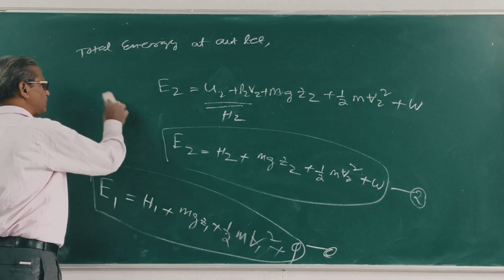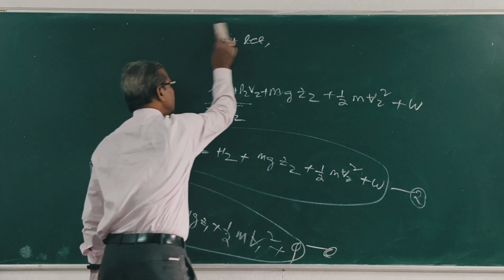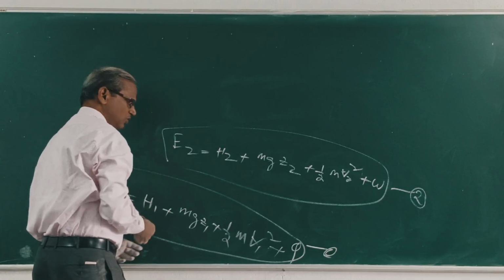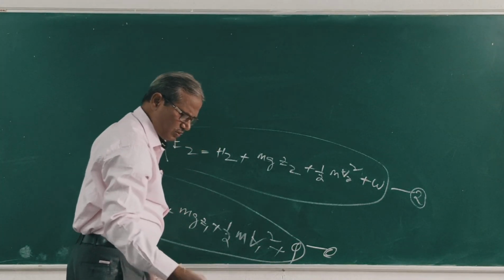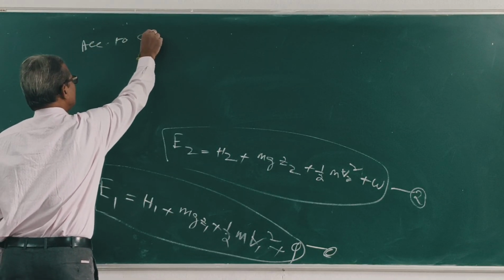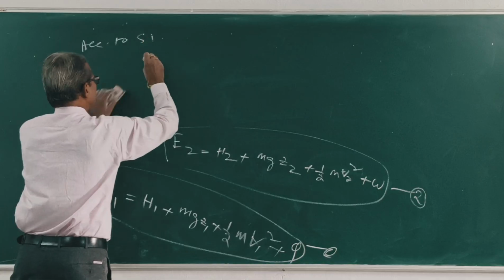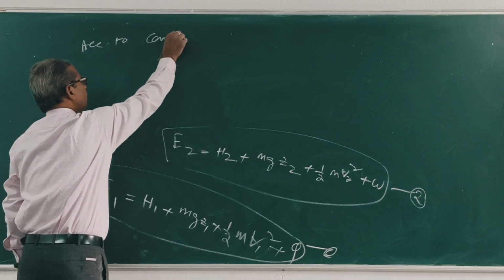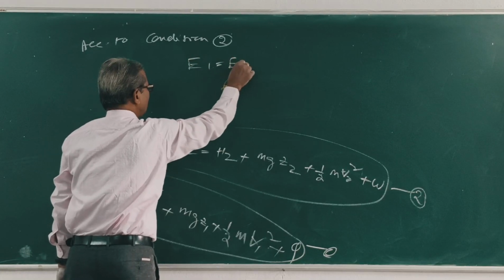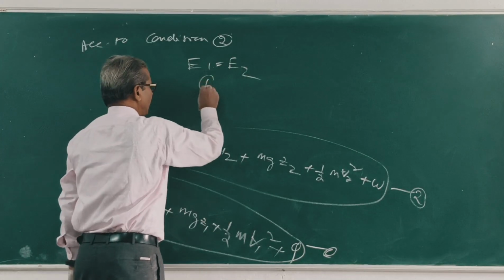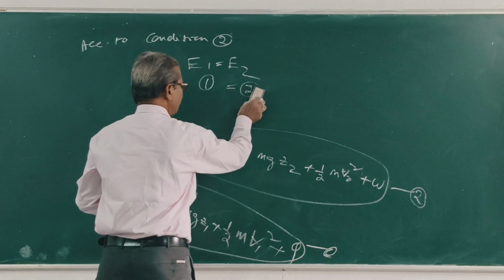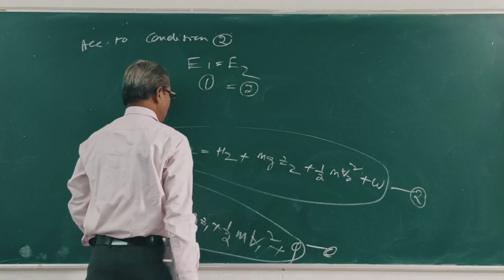According to steady flow energy equation, according to condition 2, what is condition 2? E1 is equal to E2, equation 1 is equal to equation 2, right? So what is equation 1?